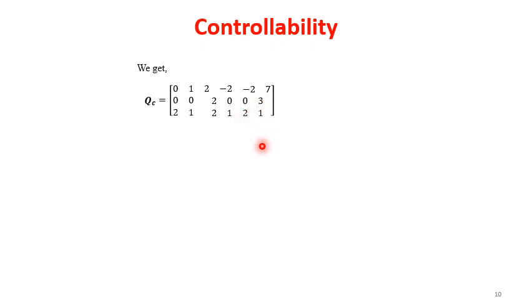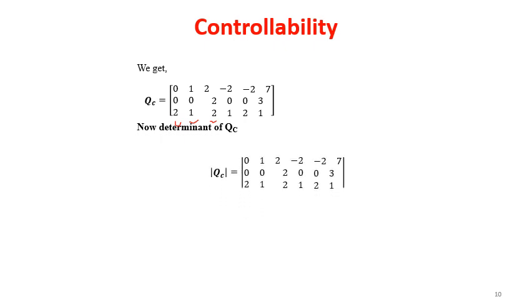Next, we need to find out the determinant. For finding out the determinant, we can choose any three non-zero columns. So now to find out the determinant of QC, we use this one 0, 0, 0, 2 and 1, 0, 0 and 1 and 2, 2, 2.